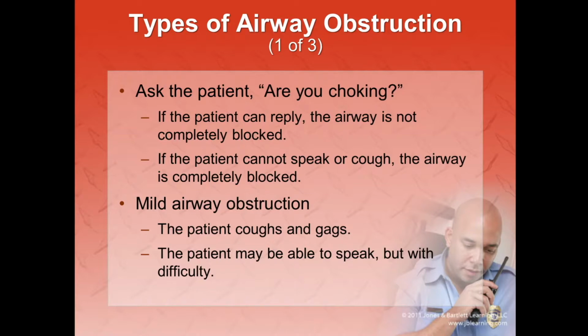If the patient can cough, that's again a sign of a partial airway obstruction. You're on the spectrum of partial airway obstructions on the lower end. If they are able to speak in a couple-word sentences, it's not a significant airway obstruction, so it's mild.